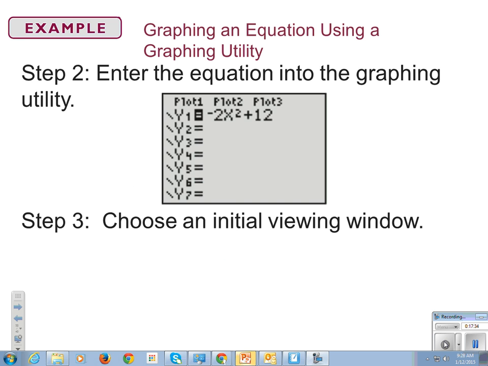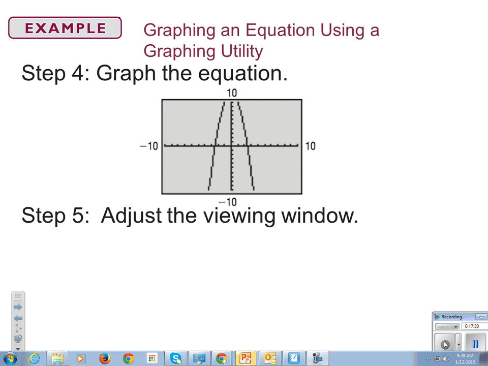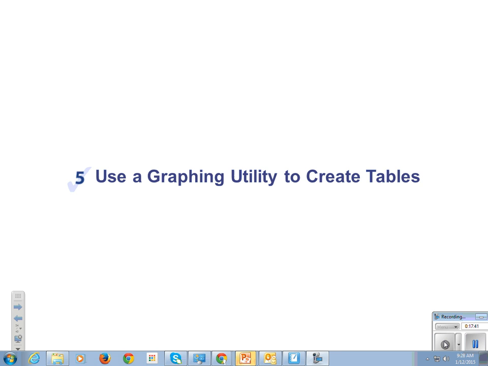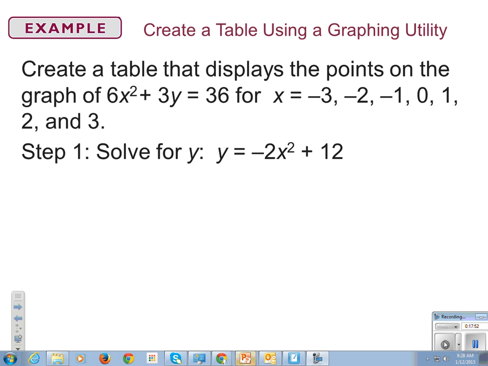All right, one last thing. You can create a table of values using your calculator. So I'm going to show you how to do this on Desmos.